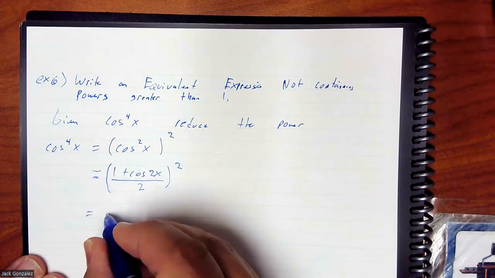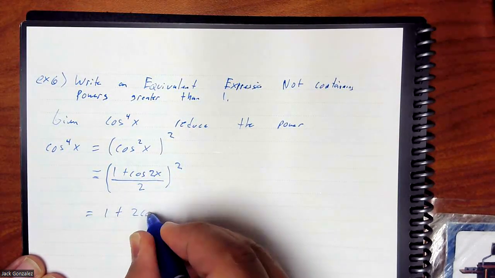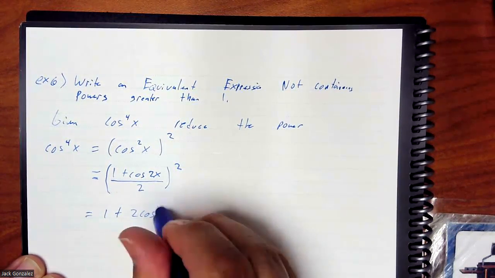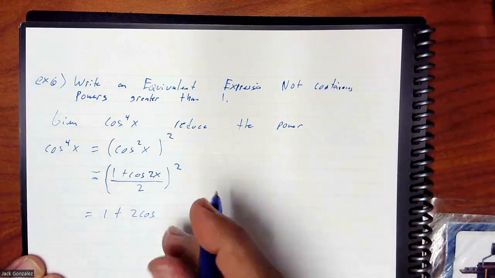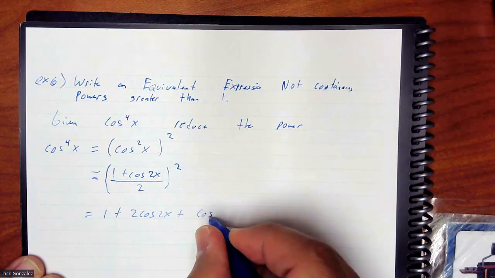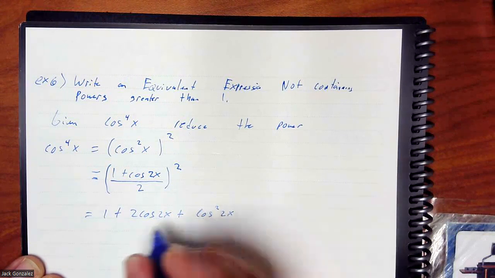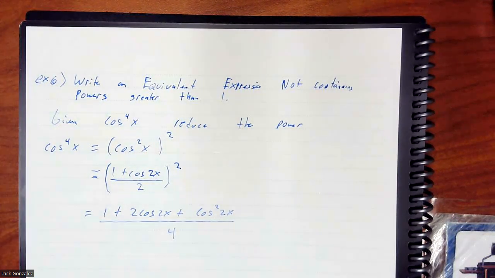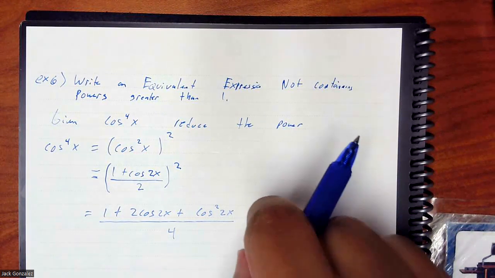So this will become 1 plus 2 cosine 2x plus cosine squared 2x over 4. You multiply the top, multiply the bottom, you're gonna get this.